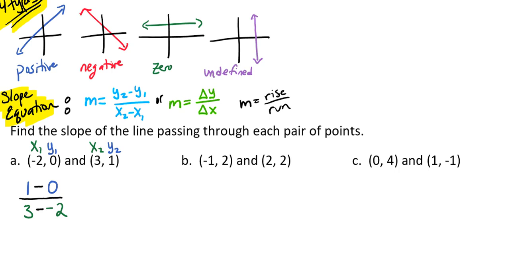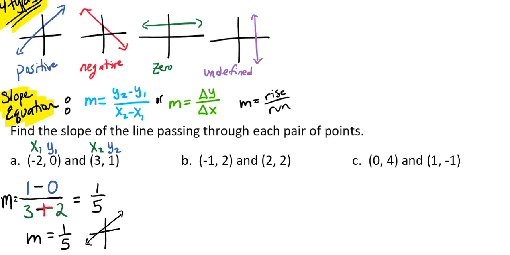And again, this is how we're looking for our slope. Now notice in the denominator that I have double negatives, which means that I'm really going to be adding those together. And this is going to give me 1/5. So my slope here is going to be 1/5. And because it's positive, it's going to look like our first type of graph, a positive slope. So it's going to look something like that.